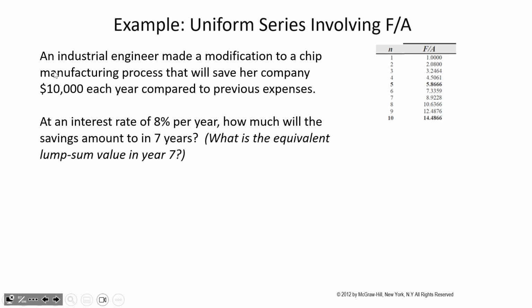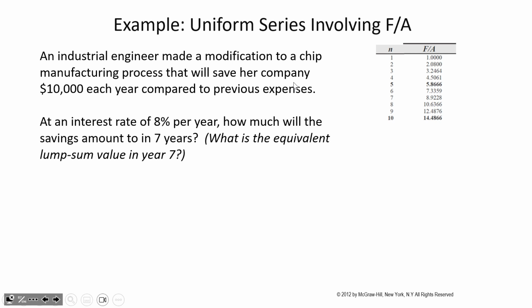So you don't add money together that's in different years unless i equals 0. Then you can add the money together because there's no compounding and no discounting. But if there's an interest rate that applies, you're never going to add money together that's in different time frames. So this is saying, what is the equivalent lump sum value in year 7?